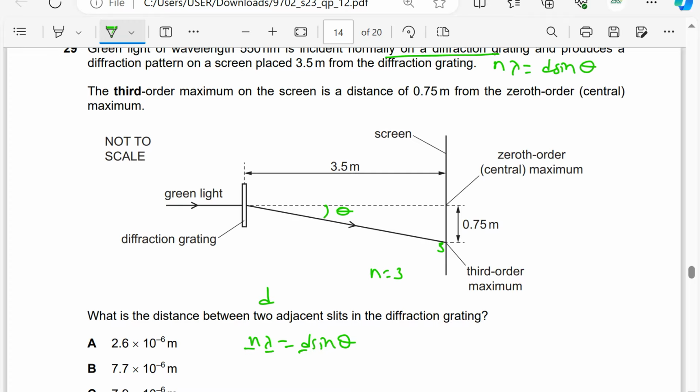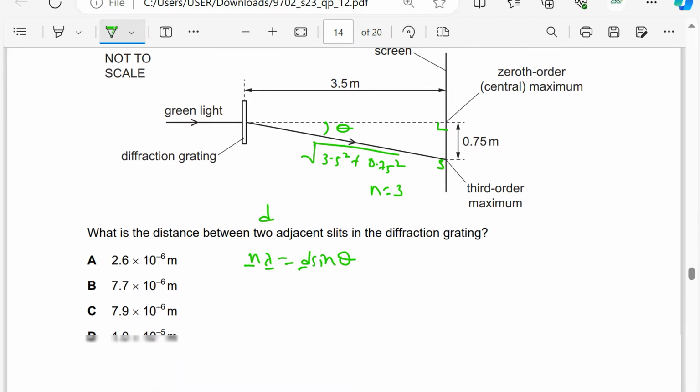Alternatively, for a more exact value, I can find the hypotenuse because this is a right-angled triangle. So the hypotenuse is the square root of 3.5 squared plus 0.75 squared. Sine theta, which is opposite over hypotenuse, is 0.75 over the square root of 3.5 squared plus 0.75 squared.